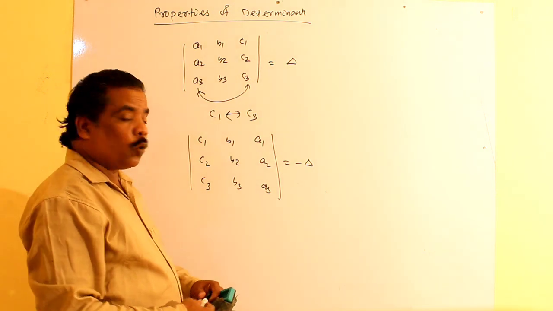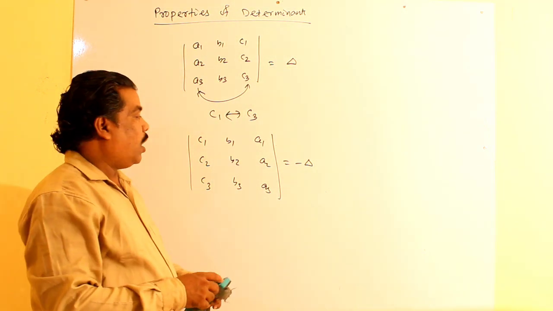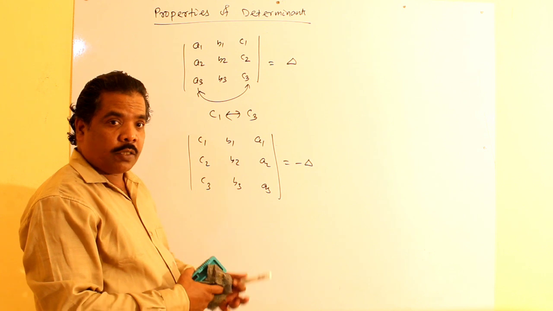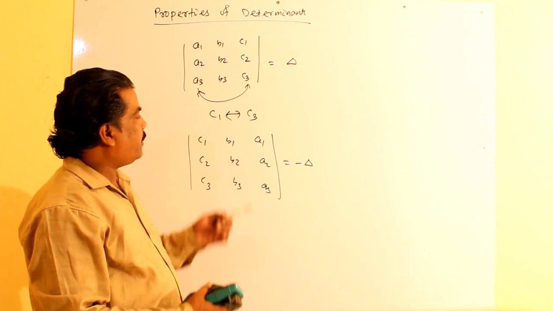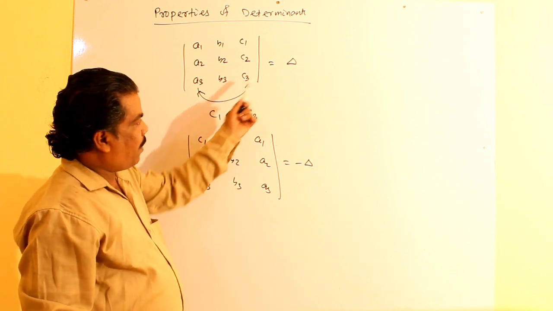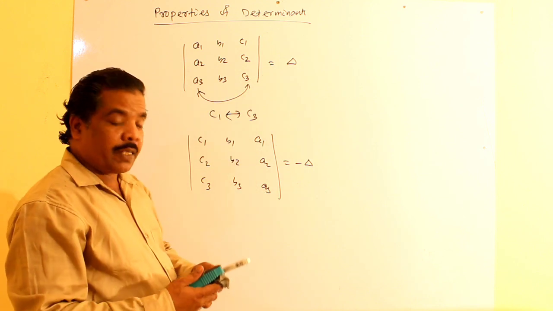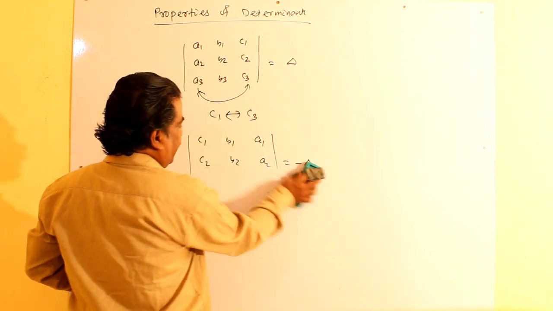If any two rows or any two columns, any two adjacent rows or columns of any determinant are interchanged, then the absolute value remains the same, but the sign is changed.